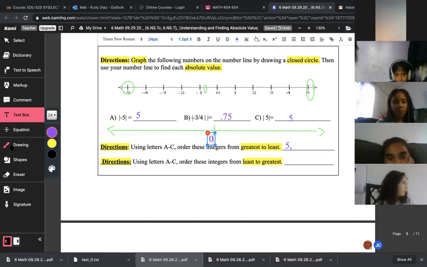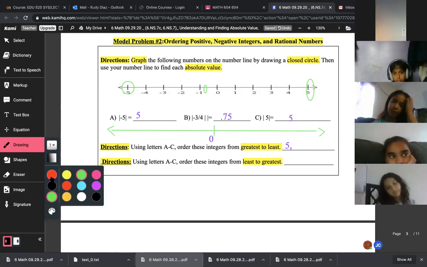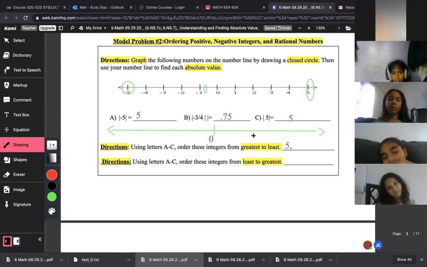If I go back to drawing and draw another line, let's say in red, that's 0. I'm gonna say that this is 5 positive and this is another 5 negative. So negative 5 and positive 5. That's in between 0 and 1 and negative 1.